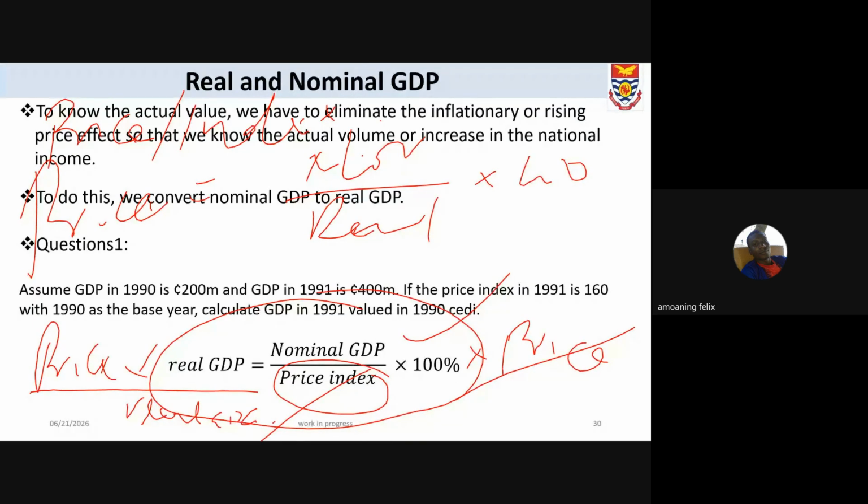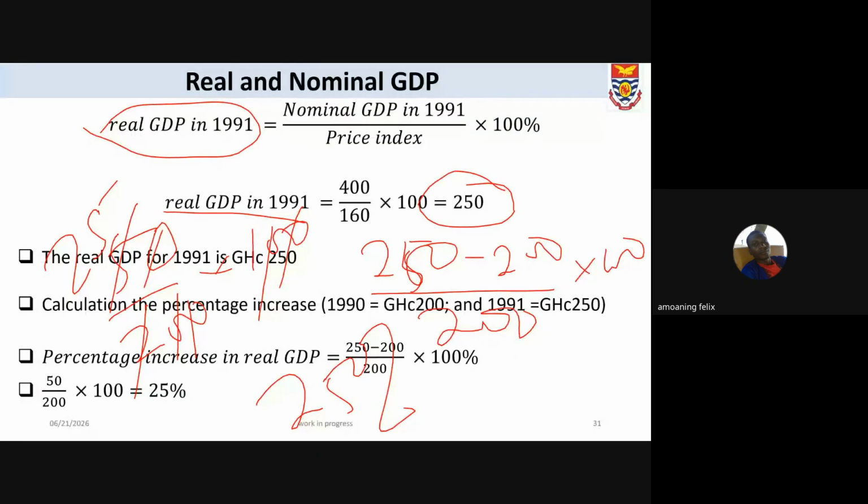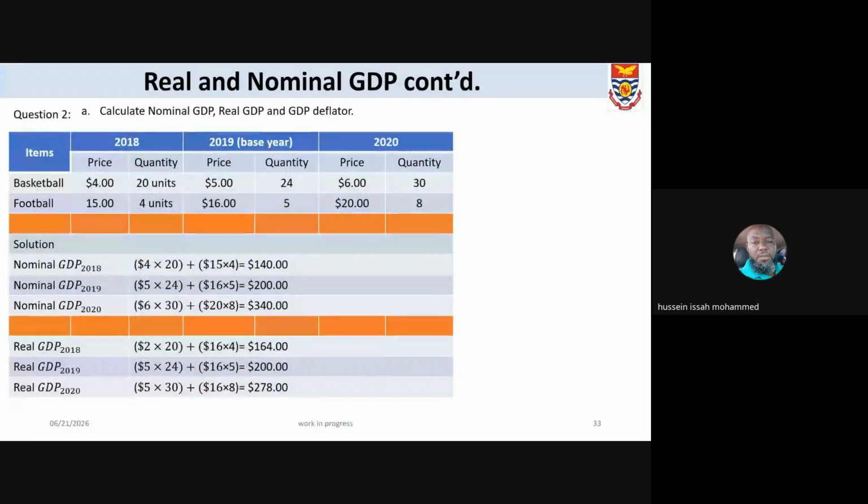I don't know if you are getting it. All right, we are getting it. So my GDP deflator is equal to my nominal GDP over my real GDP times 100. And you have been able to calculate your nominal GDP and your real GDP.